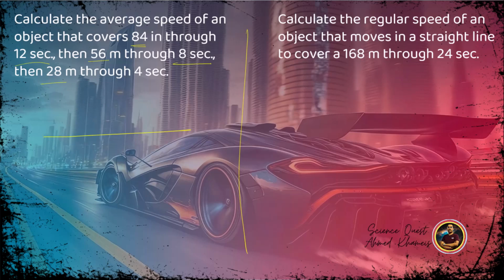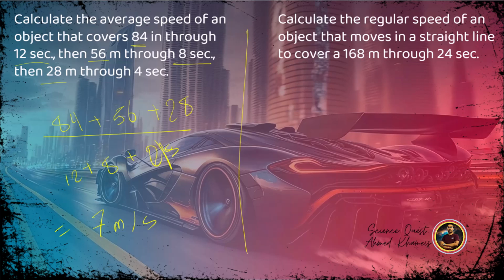Again, total distance over total time: 84 plus 56 plus 28, divided by 12 plus 8 plus 4 seconds, equals 7 meters per second.